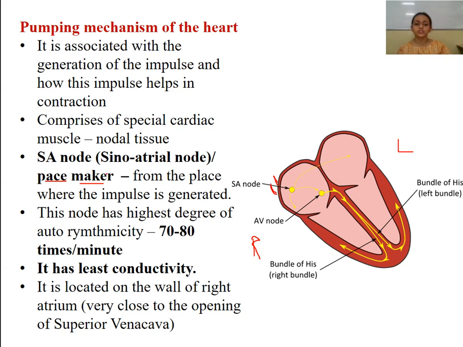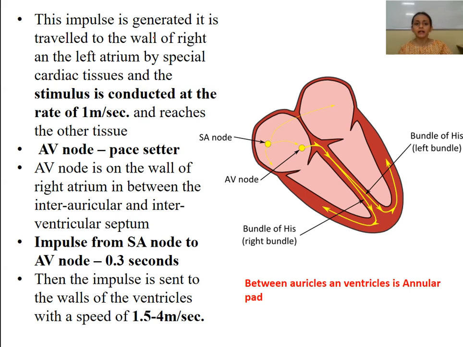Now let us see how this impulse is generated through the SA node. The impulse is generated through this SA node and then it travels to the walls of the atria. That means this impulse travels to the left as well as the right atrial wall.